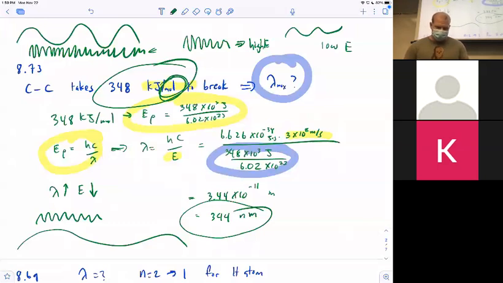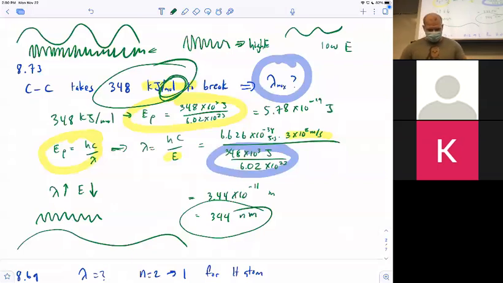So the 348 kilojoules per mole, that is the energy of the photon. Since you have kilojoules per mole, if you divide that out by Avogadro's number, 348 divided by 6.022 times 10 to the 23, this is going to be 5.78 times 10 to the minus 19 joules.